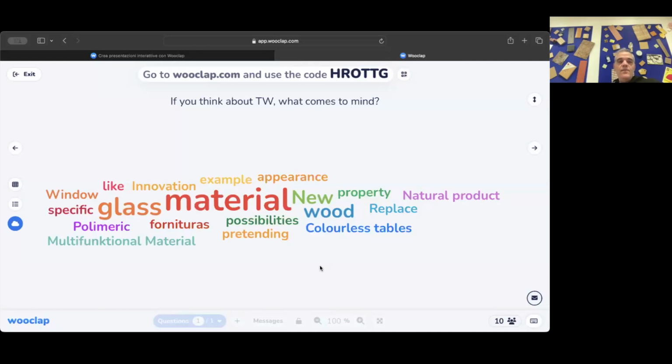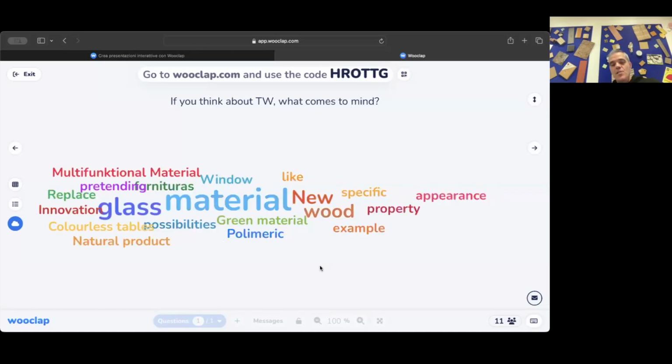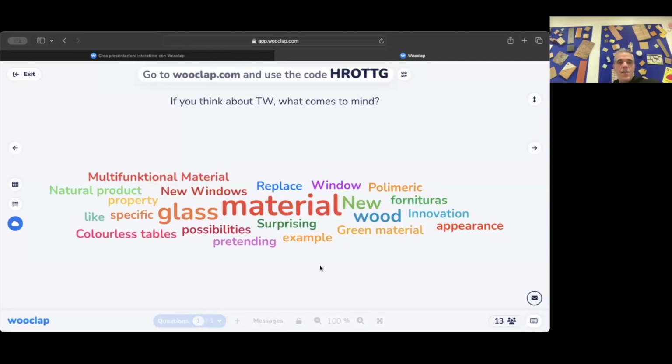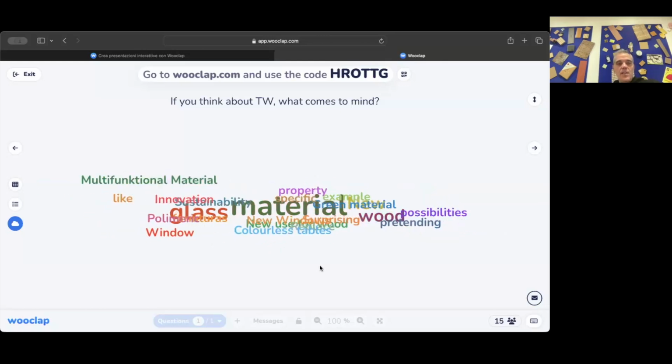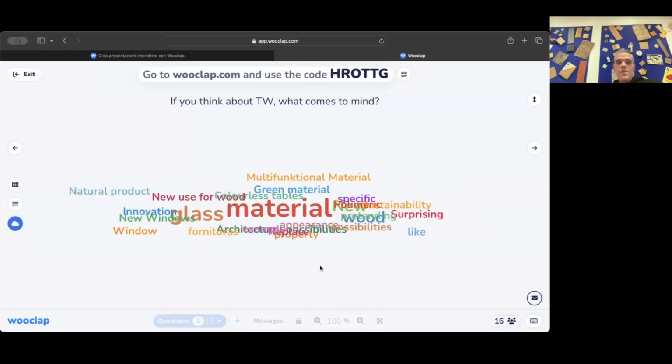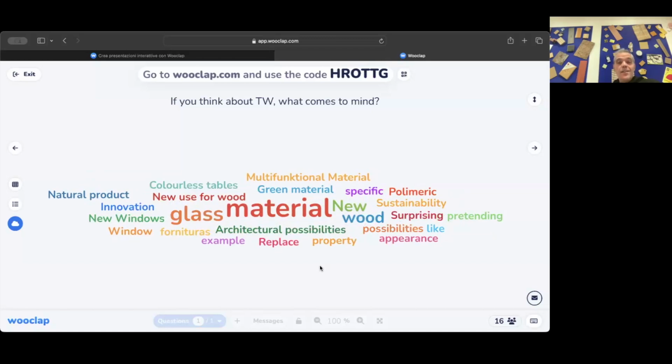The biggest is the word, the largest is the number of answers provided on that word. You see that it is still in evolution, but you see transparent wood is considered as a material, and you see also glass. Many of you consider transparent wood as a glass, and it's not surprising to see also that some people consider transparent wood as a new material.